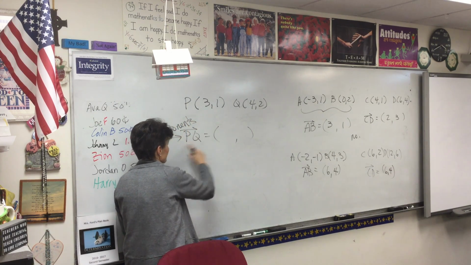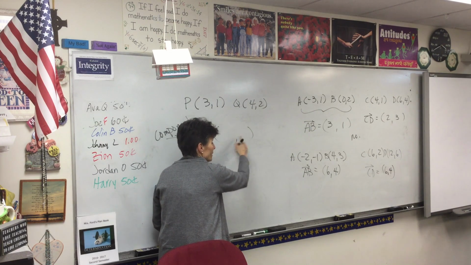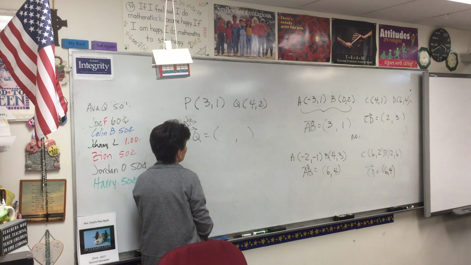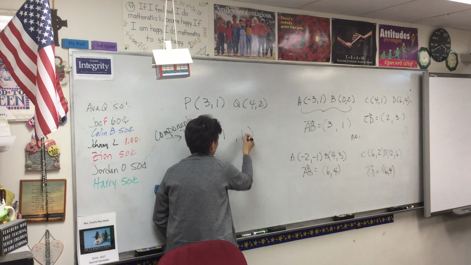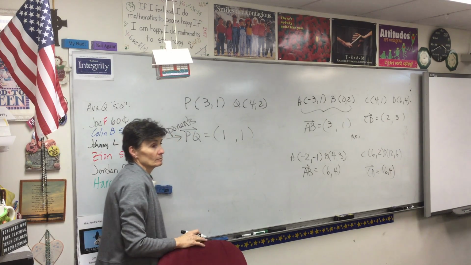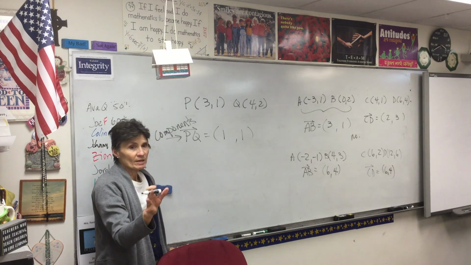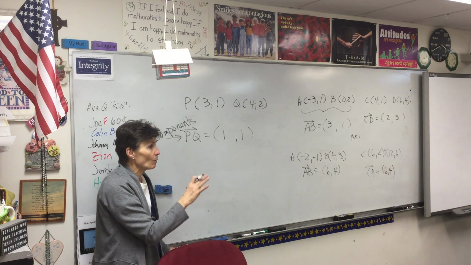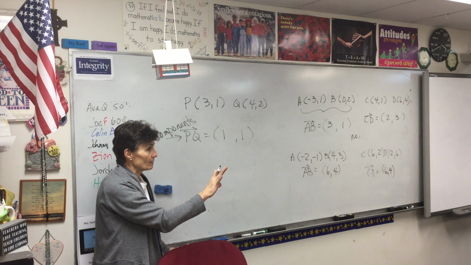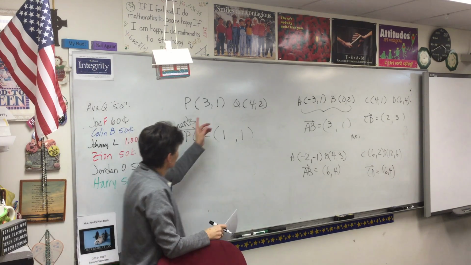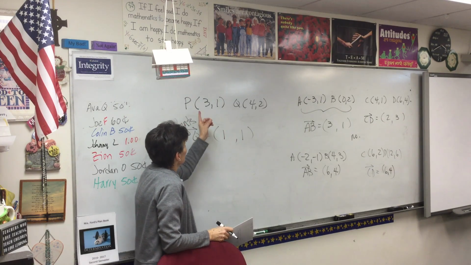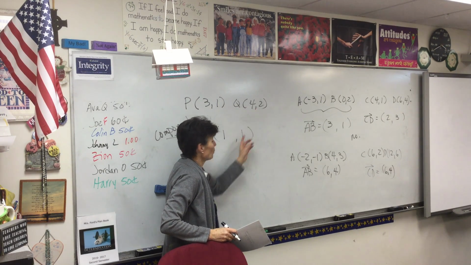These are the components right here, X and Y. So what is it for this guy? I think that would be positive 1, positive 1. Yeah. So that's the same thing, just different letters. That's exactly what we were doing. It's just the change. We good here? It's just the change in X and the change in Y. Don't write it as a fraction, but it's the change in X and the change in Y.